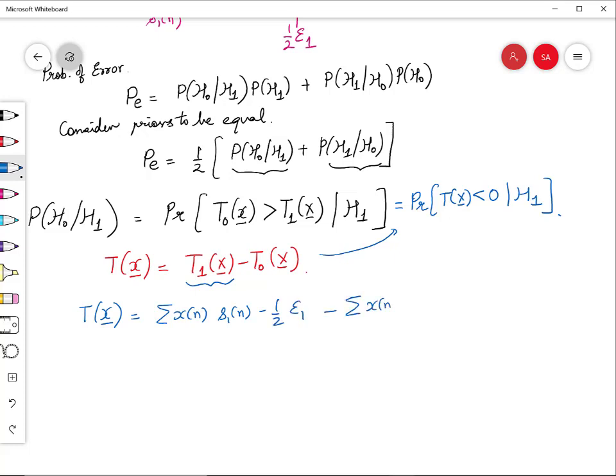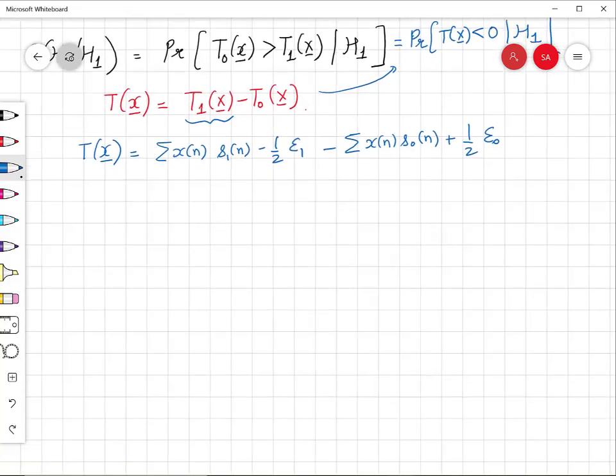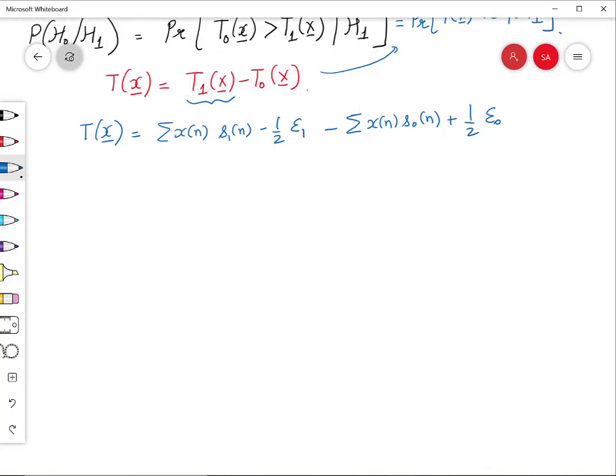Minus summation x[n] S0 of n plus half E0. Let me simplify this. I can write this as summation x[n] times S1 of n minus S0 of n, minus half of E1 minus E0. So this is my T of x.